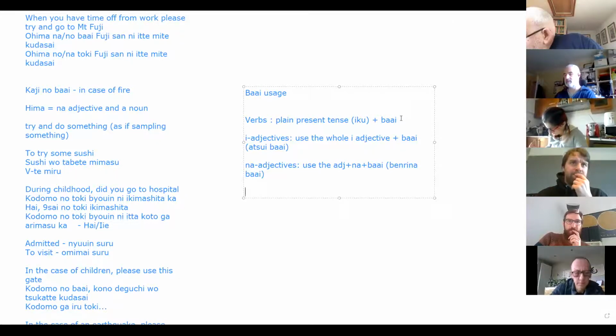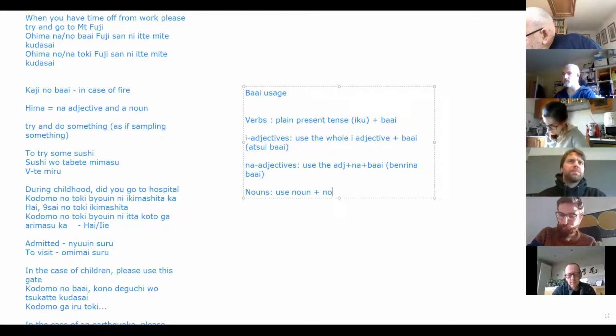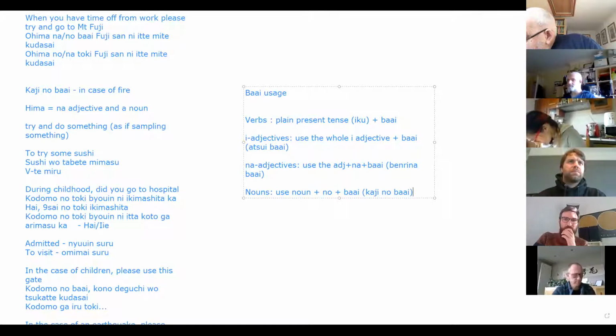And then finally, with nouns, noun plus no plus baai, e.g. kaji no baai. There we go.